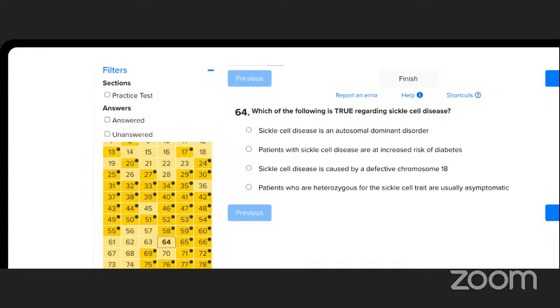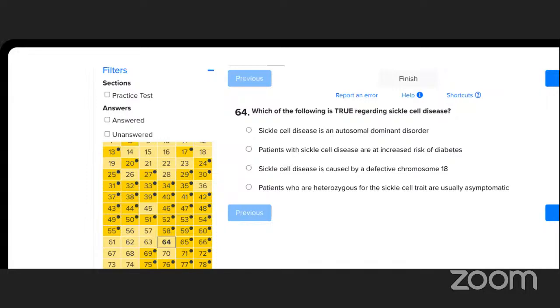Hello, everyone. Okay, so question number 64, I'm going to go ahead and answer it: patients who are heterozygous for the sickle cell trait are usually asymptomatic. This means that A, B, and C are false.